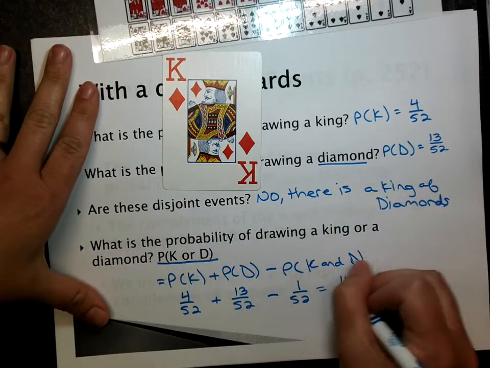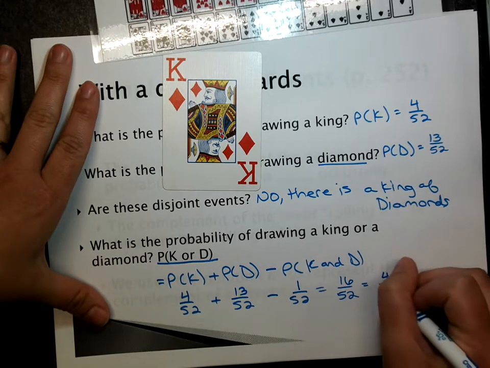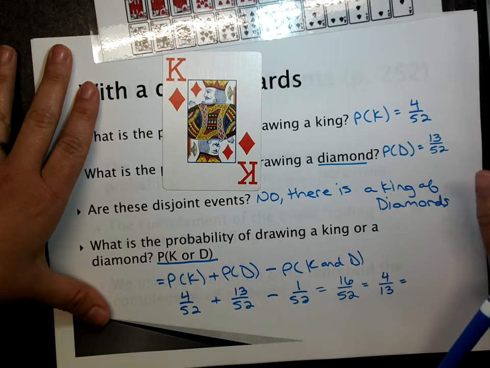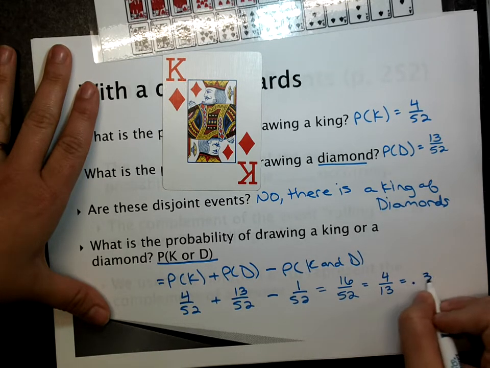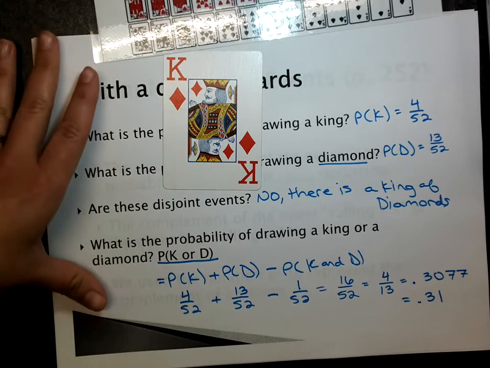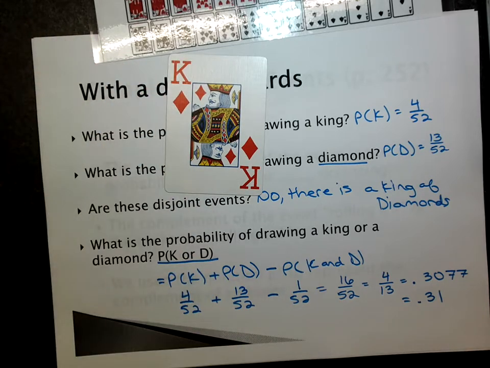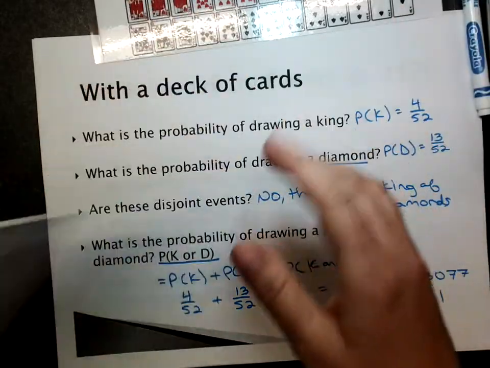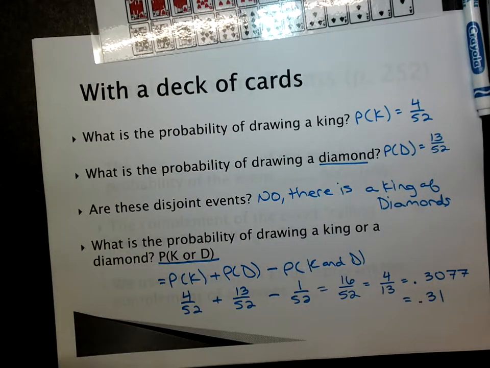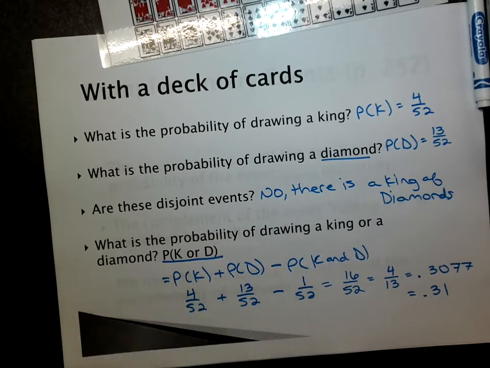And that should give us 16 out of 52, which reduces to 4 out of 13, which is 0.3077, and you can round that to 0.31. So a 31% chance of getting a king or a diamond when you draw a card from a deck. So that's how to work through those. Hopefully some of you are familiar with the deck of cards. If not, just go buy a deck from the dollar store.